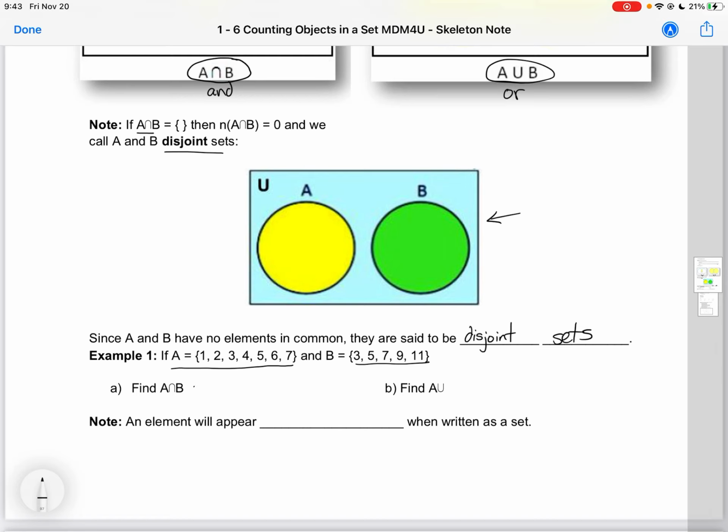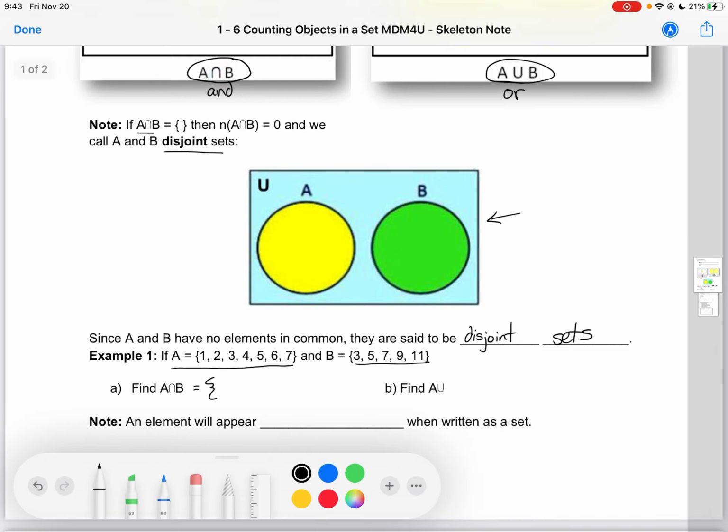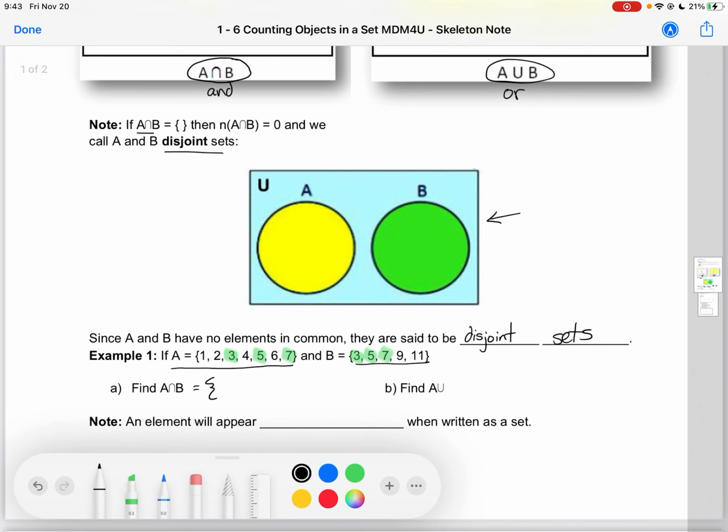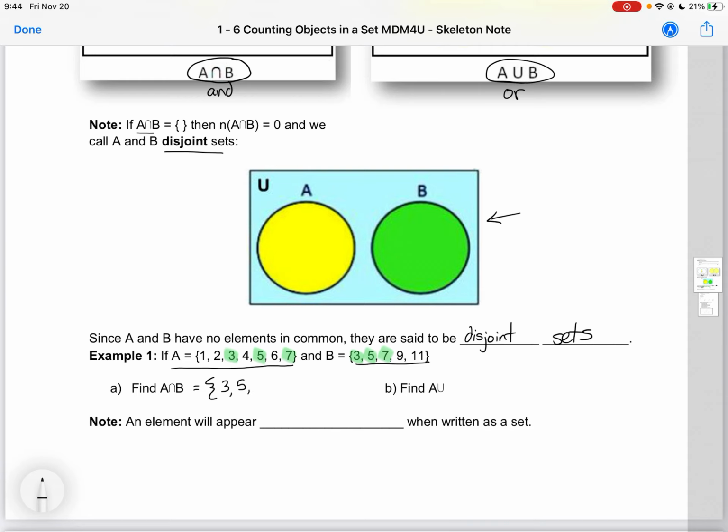So for the intersection, we are looking for the elements that are the same in both. So if I start highlighting the ones that are the same in both, I notice that I've got a 3 in both sets, a 5 in both sets, and a 7. So that means that my intersection is going to be those 3 numbers.